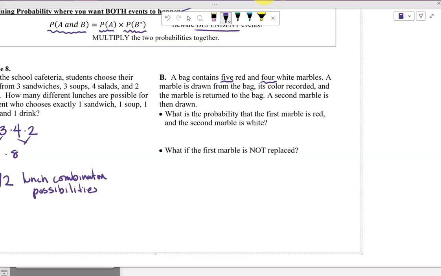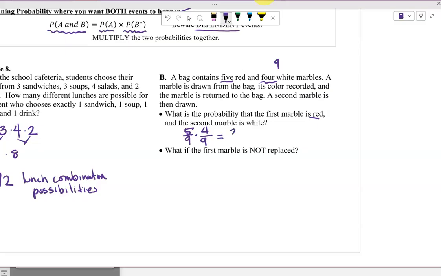Okay, 5 and 4, there's 9 total marbles in there. So the first one is red, and that's going to be 5 out of 9 ways times, it's an and, so we're going to multiply. Okay, we've put that first marble back in, so there are still 9 marbles in the bag. And then what's the probability the second one is white? That's 4 over 9.